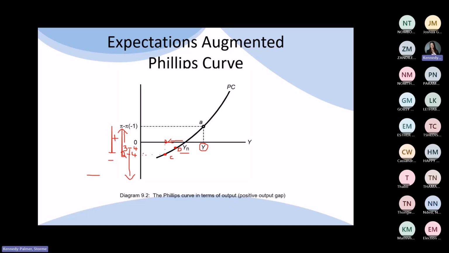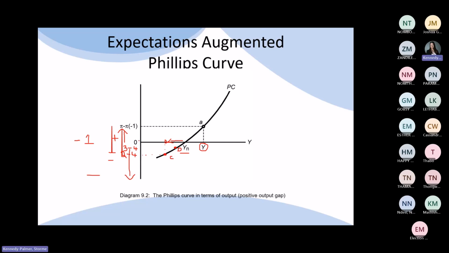It means that the change in inflation is -1, which means that our basket of goods that cost us 100 Rand last year is now going to cost us 99 Rand. So we're experiencing deflation.